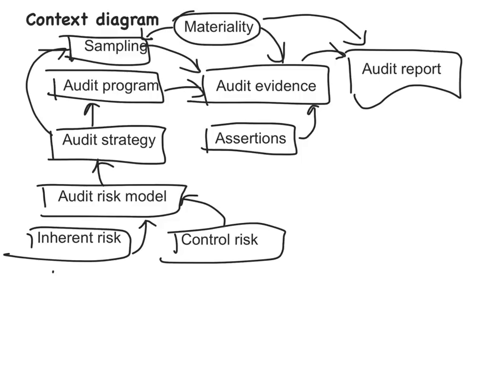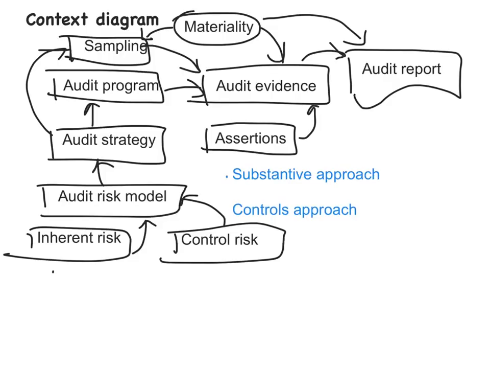Now, in terms of strategies, I've got 2 types. I'm going to do these in a slightly different color. I've got my substantive approach. And I've got my controls approach, which in textbooks is often called the lower assessed level of control risk approach.